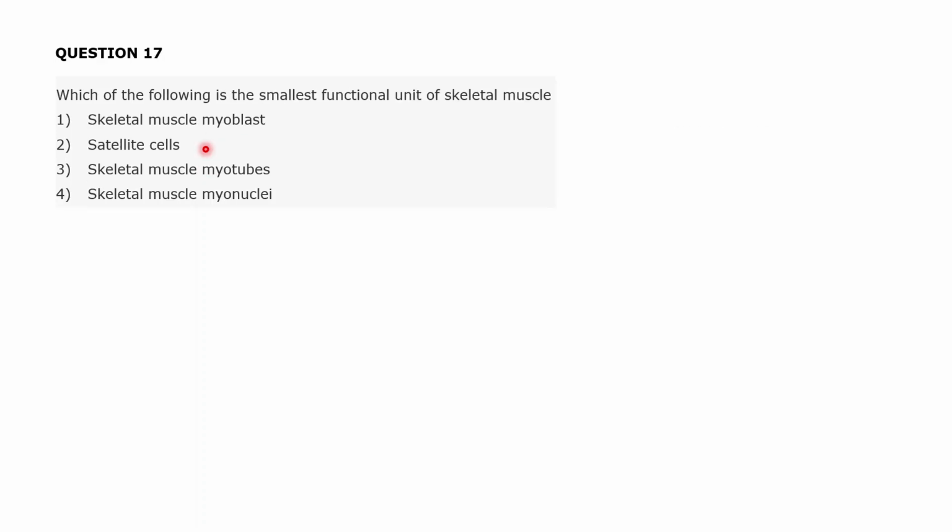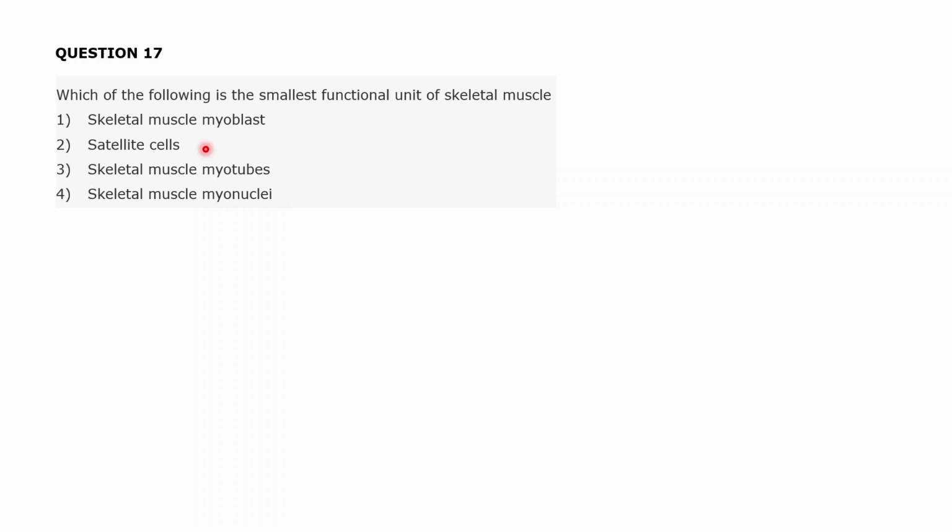Coming on to question number 17: which of the following is the smallest functional unit of skeletal muscles? Skeletal muscle myoblast, satellite cell, skeletal muscle myotubes, or skeletal muscle myonuclei? Which might be the answer? Okay, I'm getting option number 3 and 1, 2 also.